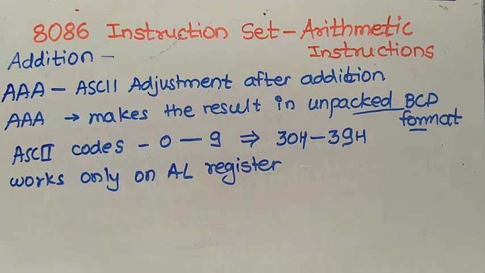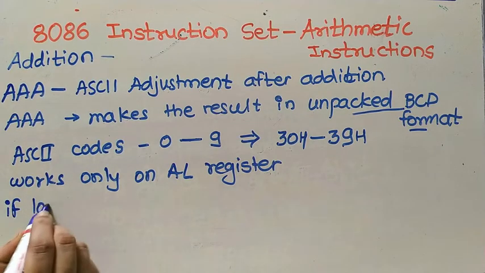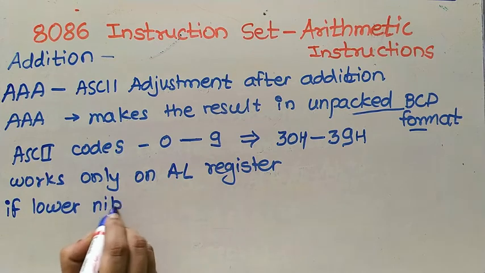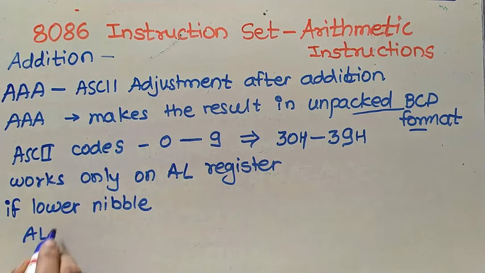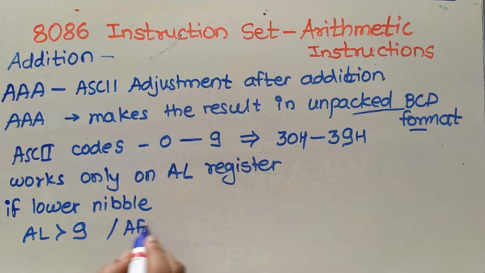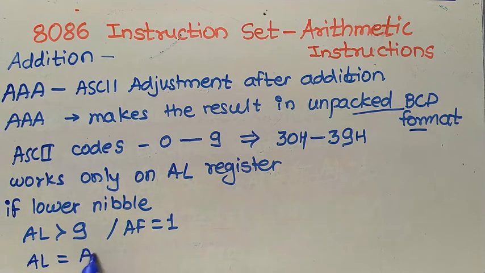What happens if the lower nibble of AL is greater than 9, or the auxiliary flag is set, that means AF is 1? Then 6 is added to the content of AL and 1 is added to AH.